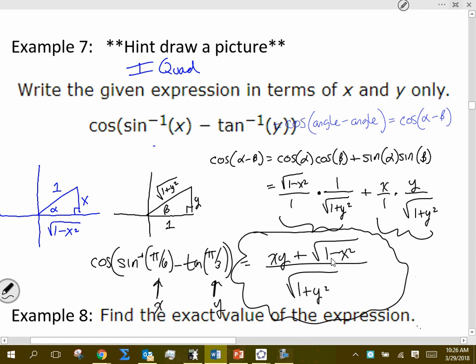But to make this work, right here, if x squared is bigger than 1, you're going to have an imaginary value from the square root of a negative.